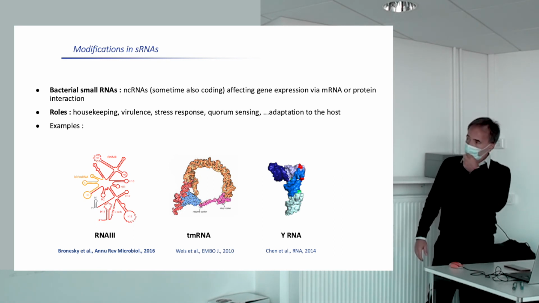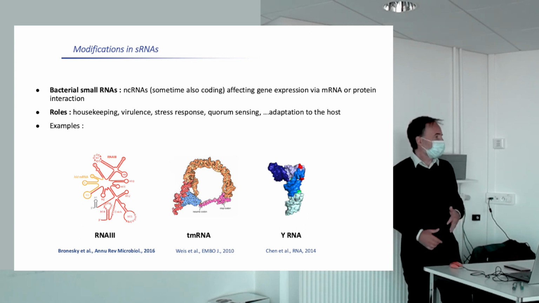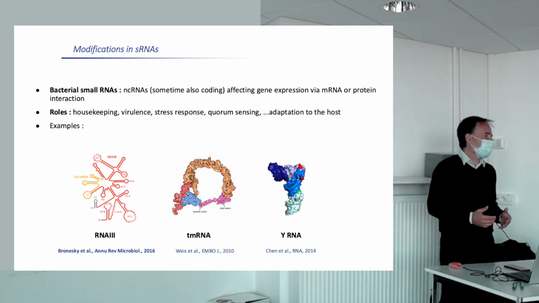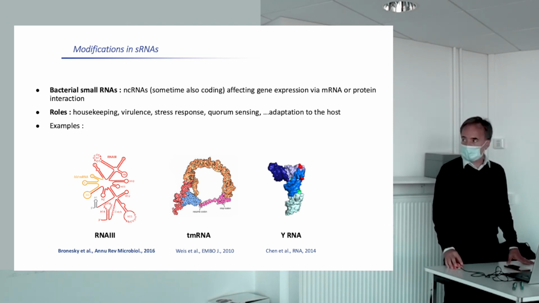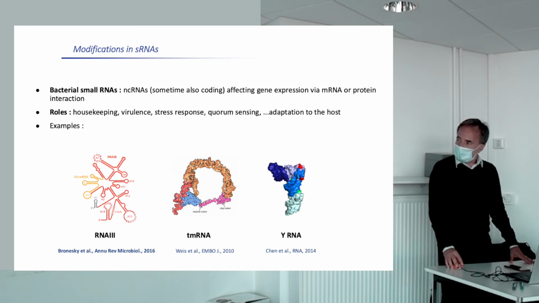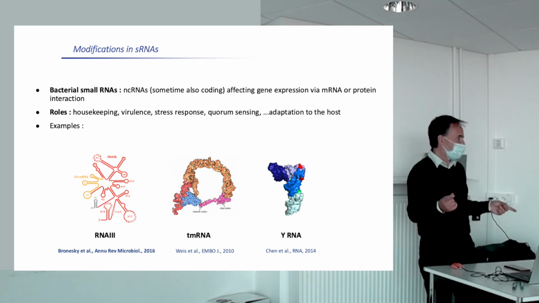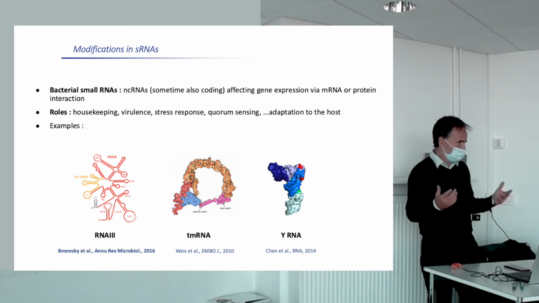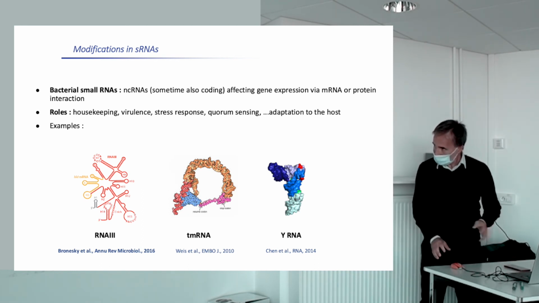Sometimes they are also named non-coding RNA, but in this case also, not all these regulatory RNA are non-coding. This is again an example with RNAIII, because in the RNAIII sequence there is also a part of the sequence that is actually translated into a peptide that is a toxin important for Staphylococcus aureus virulence.